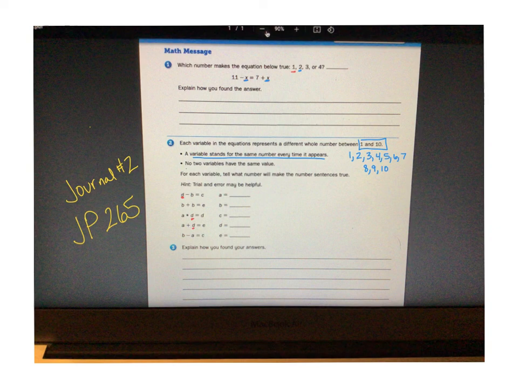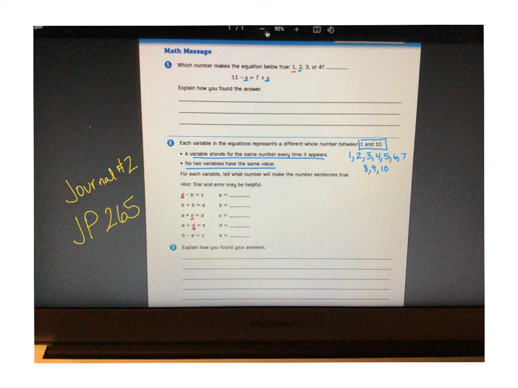The other thing is no two variables have the same value. So if I assign D, if I think D is worth 5, and I'm just completely making that up right now, then A, B, C, and E are not allowed to be 5. And then it says for each variable, tell what number will make the number sentences true.